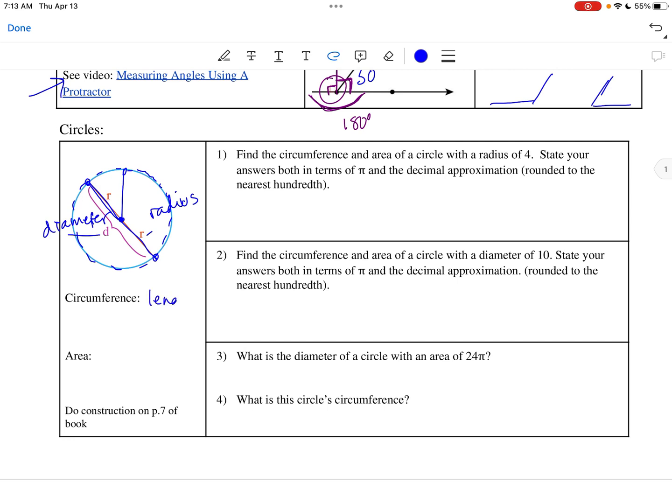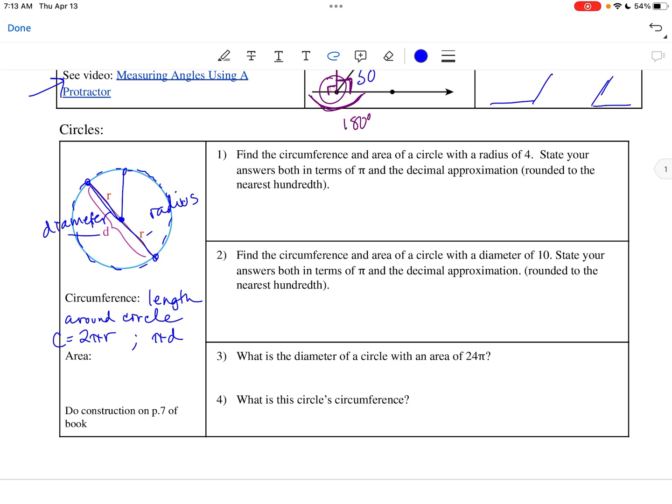So we could define that: it's the length around a circle. And it has a formula, 2 pi r. So circumference equals 2 pi r, or since a diameter is the same as 2 r's, you could write pi times diameter.